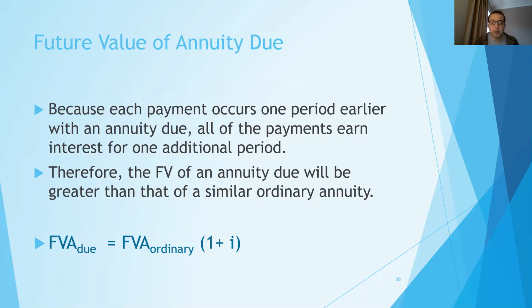Then we multiply with 1 plus I, 1 plus the interest rate. So it gives you, of course, more money. In our example, annuity due is higher than ordinary annuity. The future value of annuity due is, of course, higher than the future value of ordinary annuity, right?